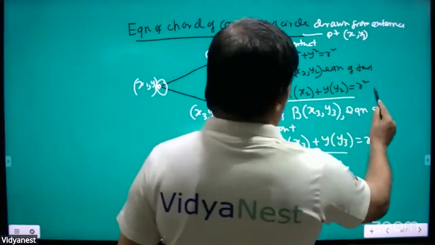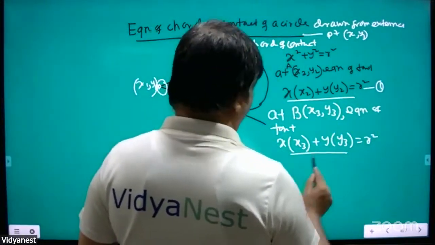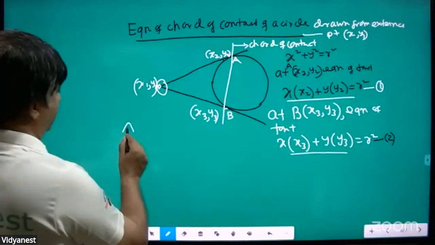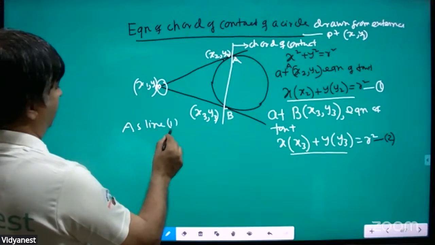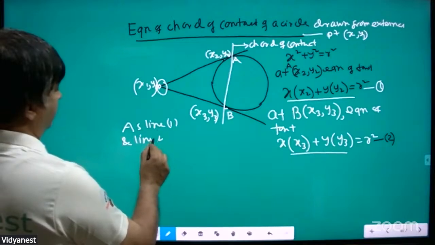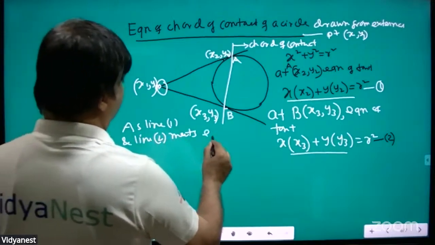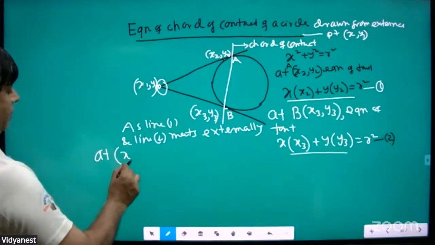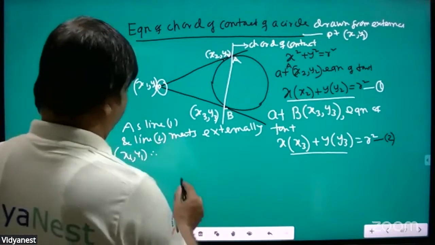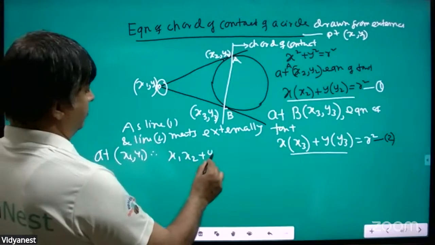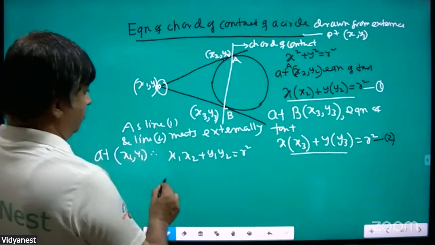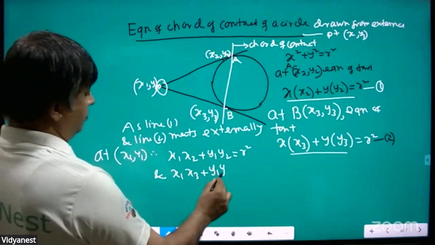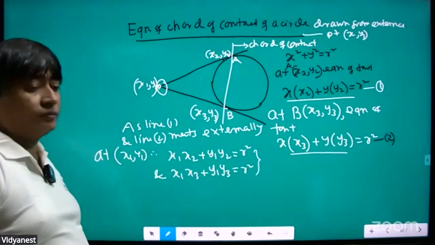So if I label it by 1 and label it by 2, then I can say, therefore, as line 1 and line 2 meet externally at x1 y1, therefore yes or no? Yes, sir.